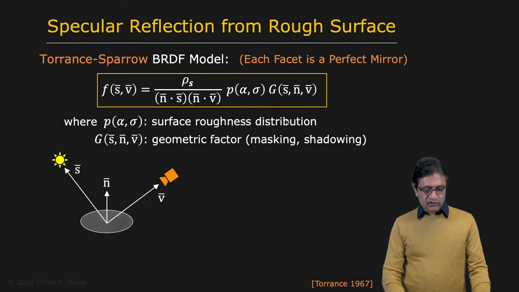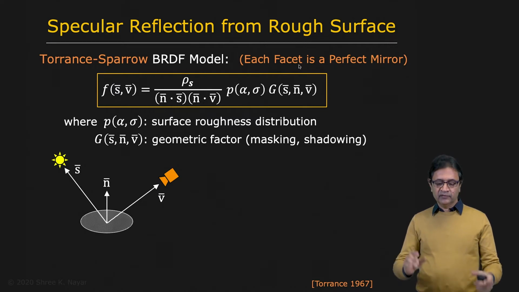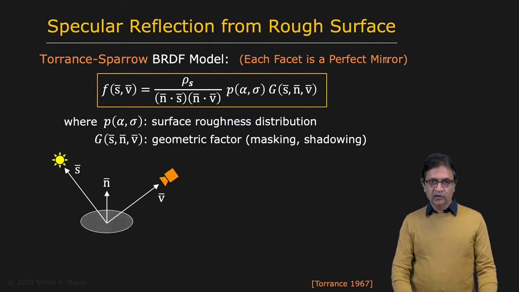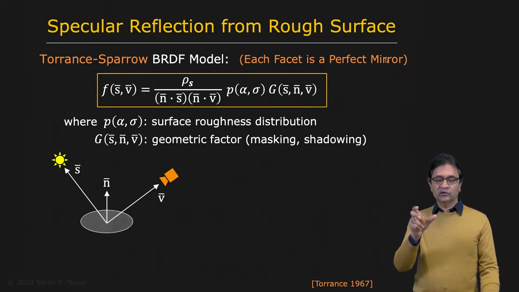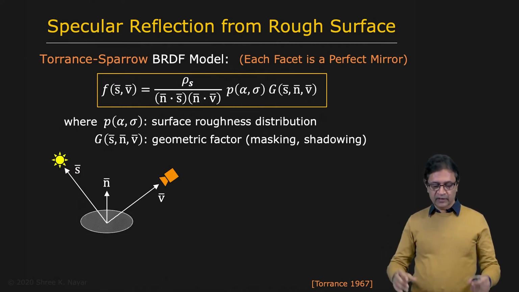So that brings us to the Torrance and Sparrow BRDF model, where it is assumed that every facet within this microfacet model that you're looking at is a perfect mirror. But each one of these facets can have its own little orientation. And when you calculate the BRDF, you're calculating it for the entire ensemble or collection of facets.